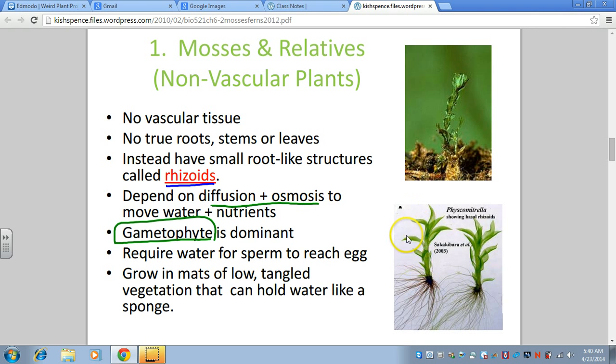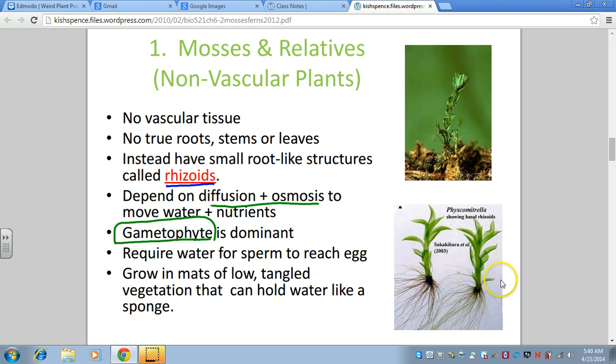So the gametophyte is the dominant generation. And because they don't make a seed, they require water so that their gametes don't dry out and so that the sperm can swim to or reach the egg. So they have to have water to get the sperm from the male part to the female part.